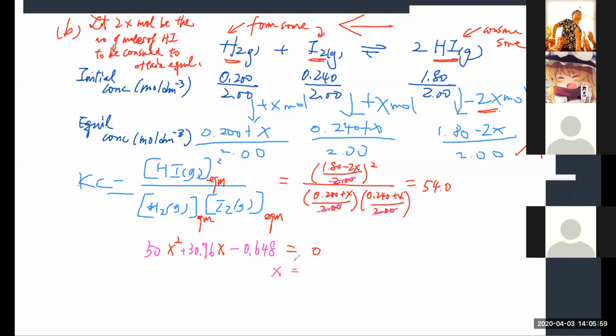What will you get for that x term? 0.0203 or minus 0.93639. The negative data should be rejected because you are going to consume something, which must be positive, right? It's not negative data. So you keep this data.